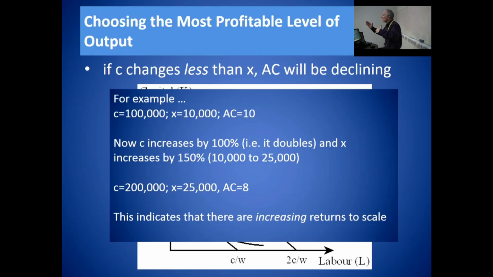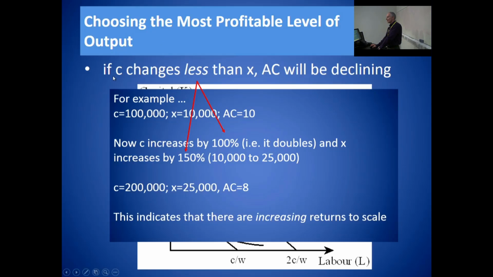We doubled all factor inputs, and hence we doubled costs. It went from C to 2C. So that means a 100% increase in costs. So C has gone up by 100%. That caused output to go up from 10,000 to 25,000. So that's a 150% increase.